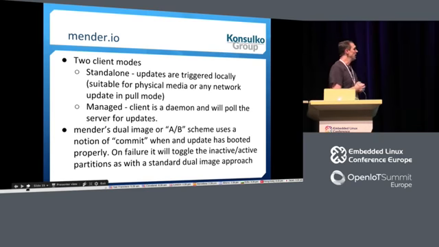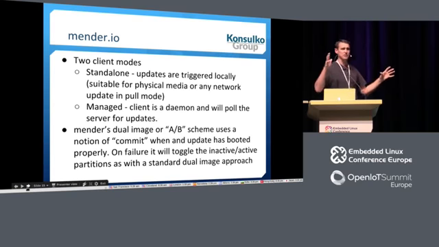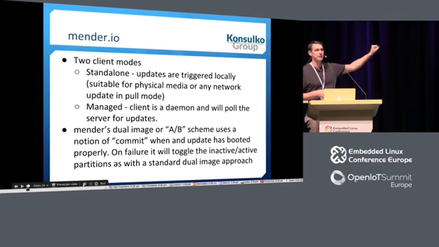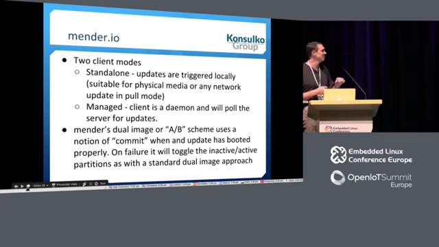Okay, Mender's dual image setup, they call it in their documentation A/B. There's many names, right? So they use a notion of a commit when an update has booted. So when the update's actually been successful, that's considered committed, right?